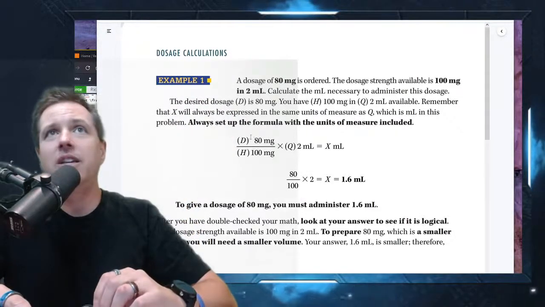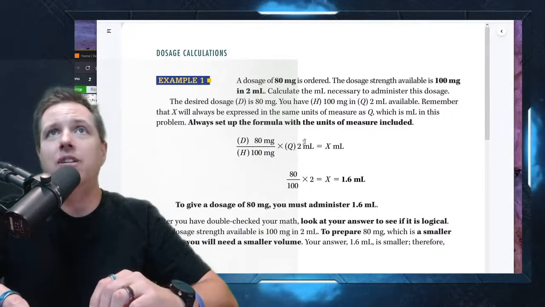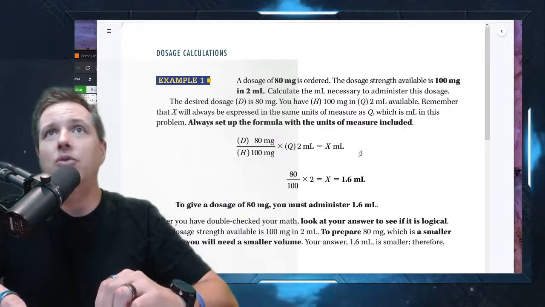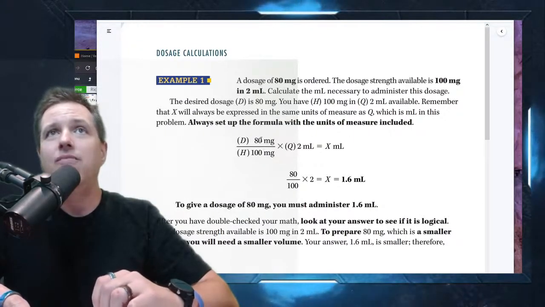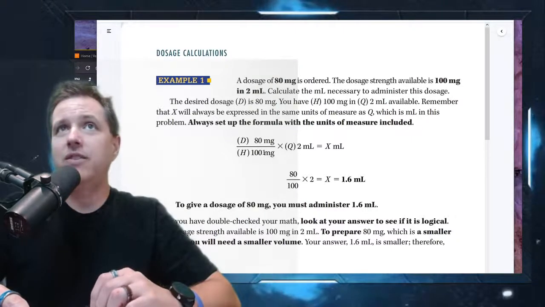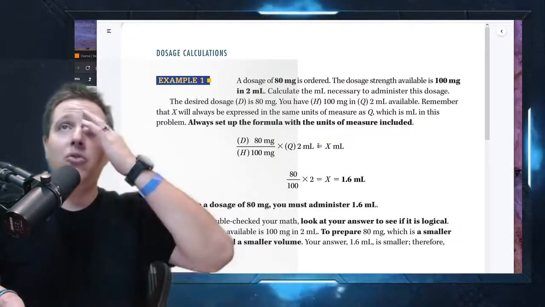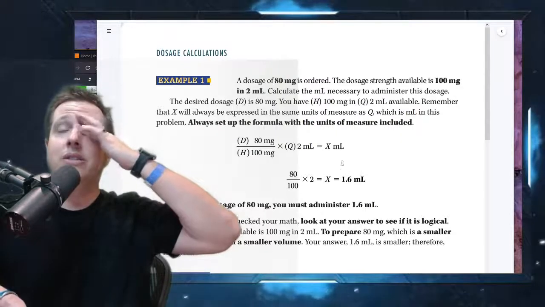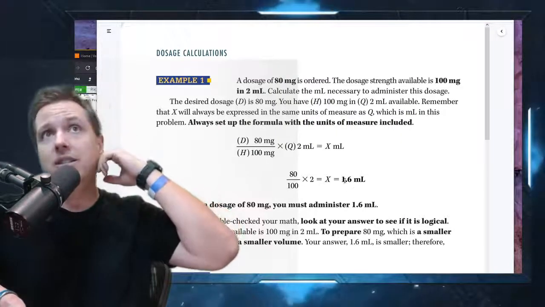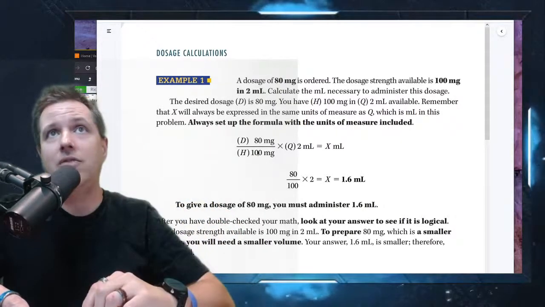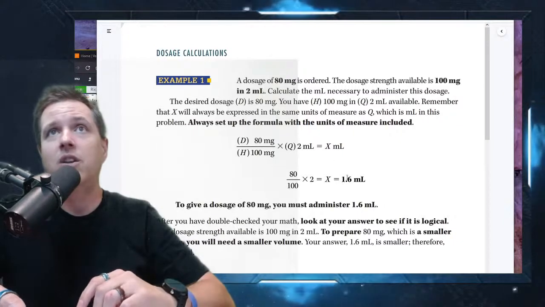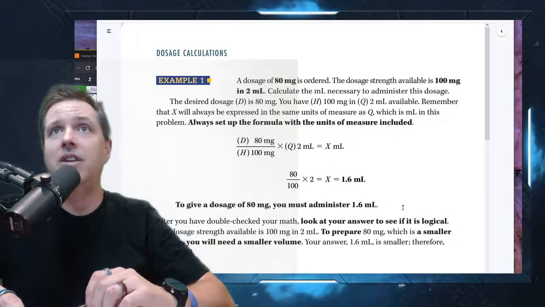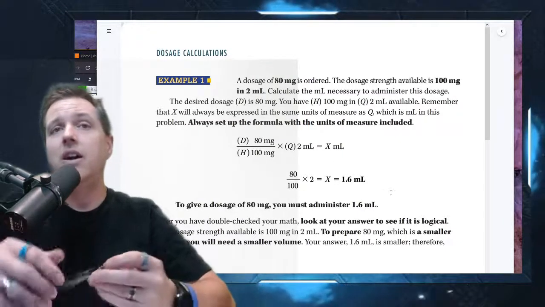So 80 over 100 times 2 equals the amount that we need. 80 over 100 is 4/5. So 4/5 times 2 gives us 1.6. So you end up with 1.6 milliliters, and then you have the amount that you need.